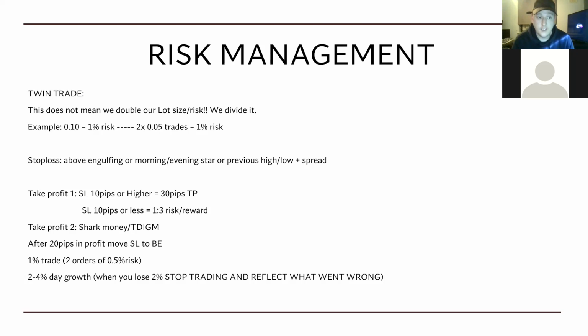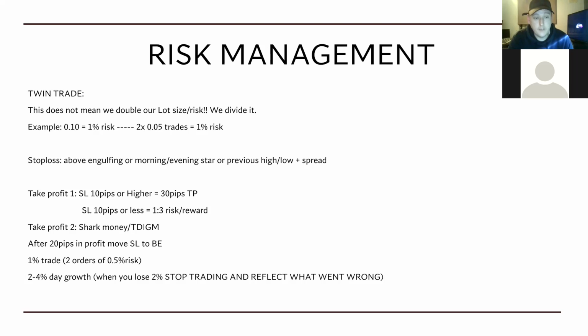And obviously we're twin trading, so that would be our first trade. So if you're risking 1%, that trade you would be risking 0.5%. And if that clears, obviously that's a 1 to 3 risk reward ratio, or a minimum of 30 pips.